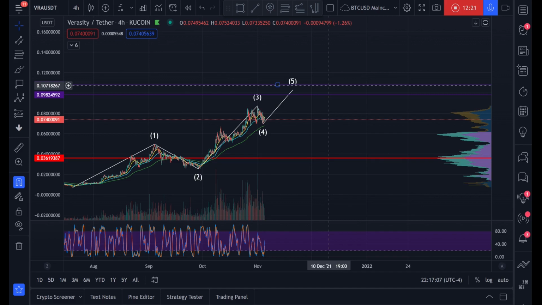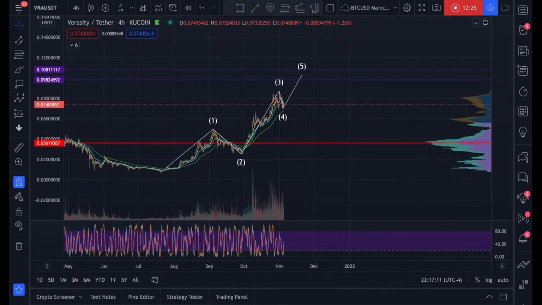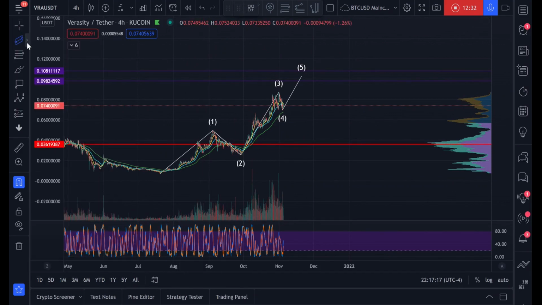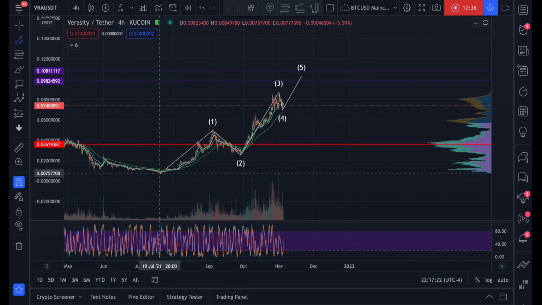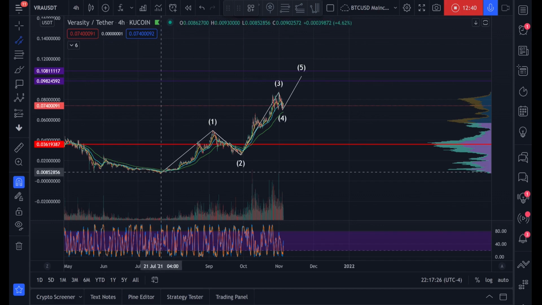What else? Okay, when will this happen? So now the channel comes in handy. We can get out the regression trend. Actually, no, let's use the parallel channel. Let's use the parallel channel tool.